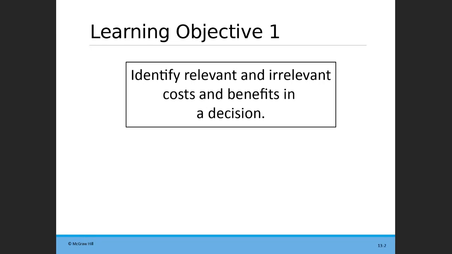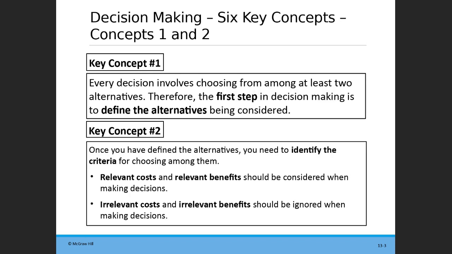The first thing we have to learn is what matters to my decision. What data do I need to make a good decision for my organization? A few key concepts help us choose the data we need and apply that data to good decision making. Concept one, you have to figure out your choices.